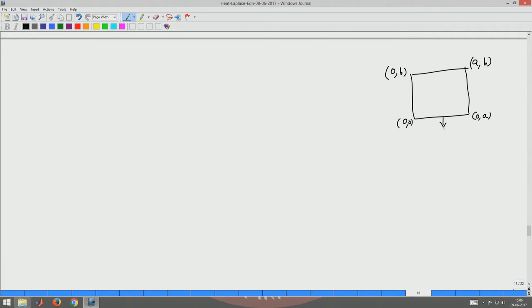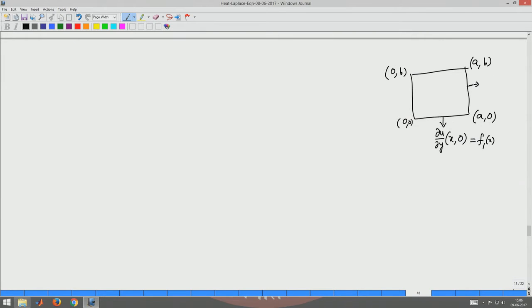Here the normal derivative is ∂u/∂y at y equal to 0, which is what is provided as f1 of x.